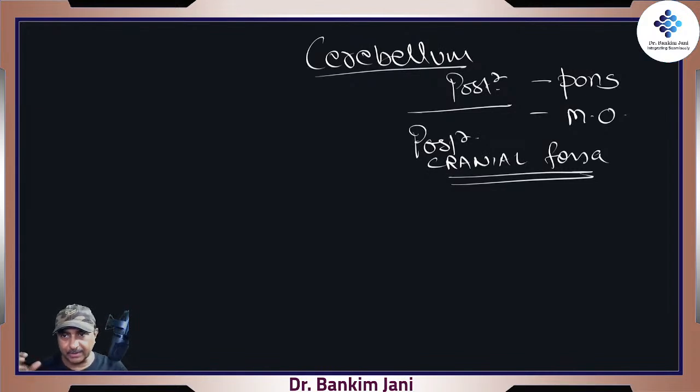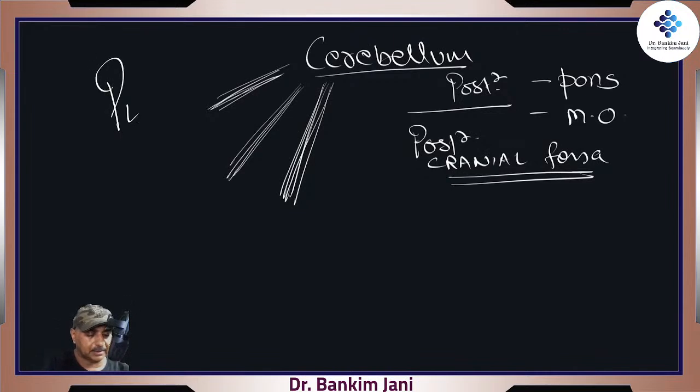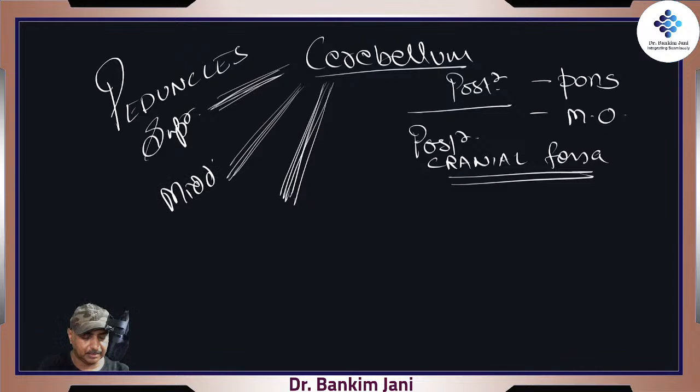The important part is that they are called the cerebellar peduncles. Step by step, we'll keep adding new terminology. The cerebellum is connected to various parts of the brainstem, and these connections are called peduncles. There is a superior peduncle, a middle peduncle, and an inferior peduncle.